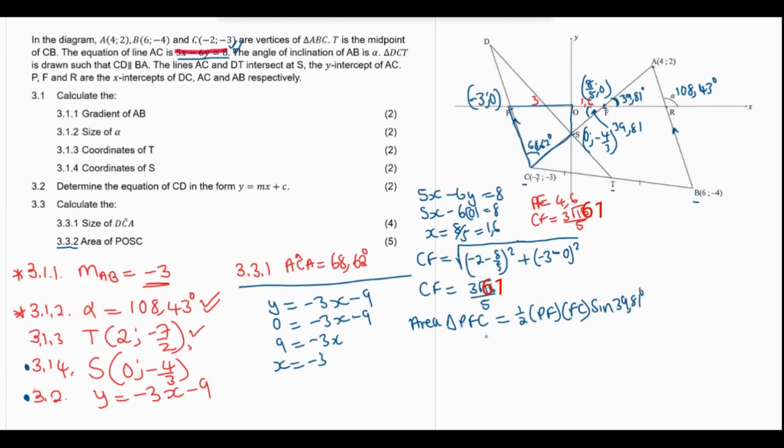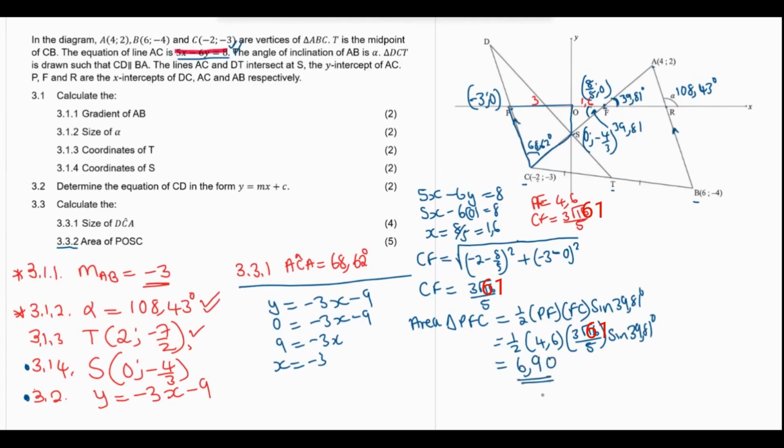Okay, then meaning that this is half times PF. PF is 4,6, and then FC is 3 root 61 over 5, and then sine 39,81. Right, you can put this in the calculator. You'll get that the area of PFC is 6,9 square units.